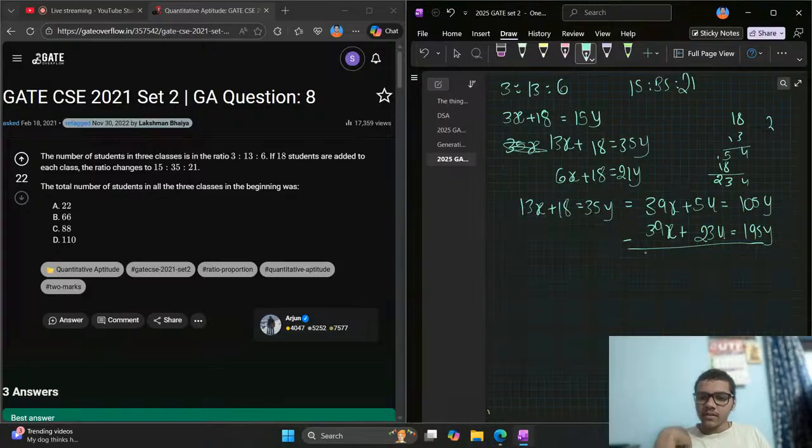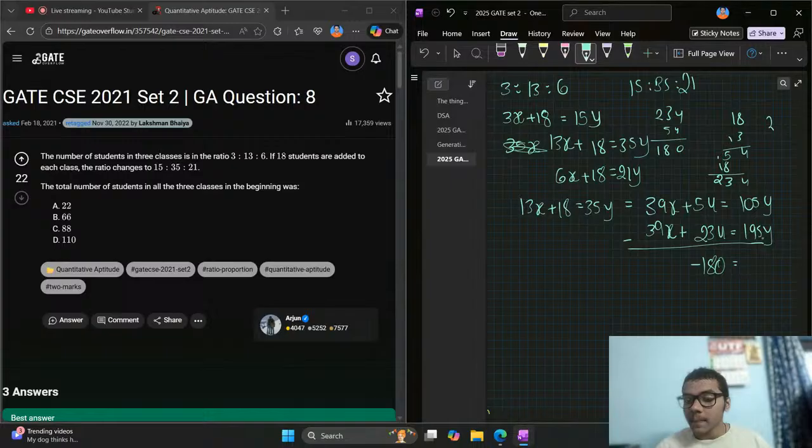If we subtract these two, we get what? 234 minus 54 is 180. That will be minus 180 is equal to minus 90y.